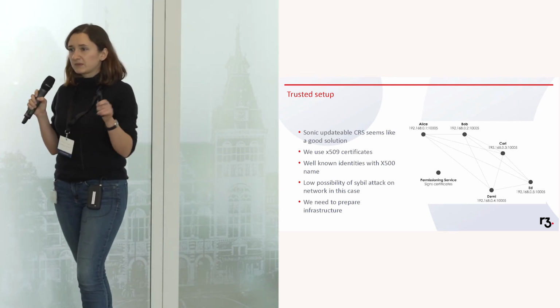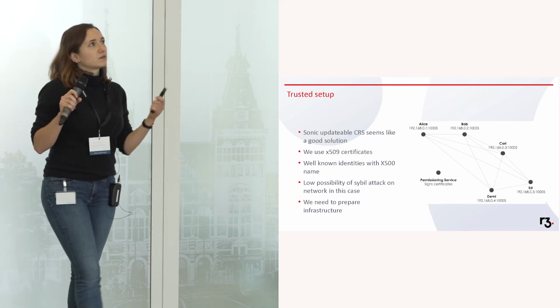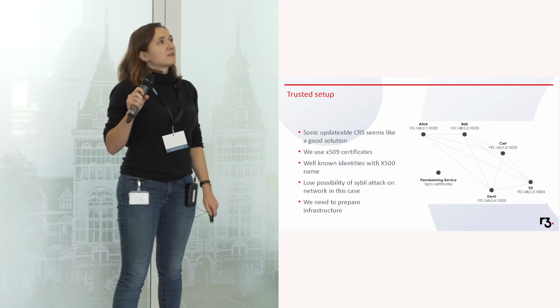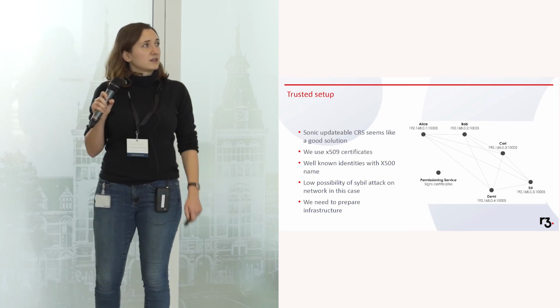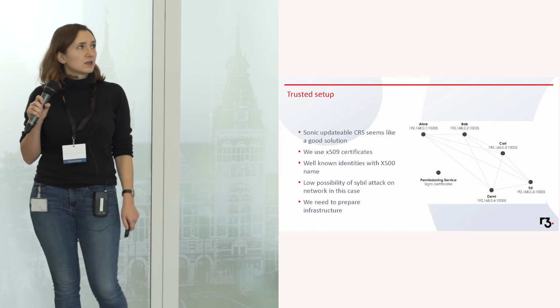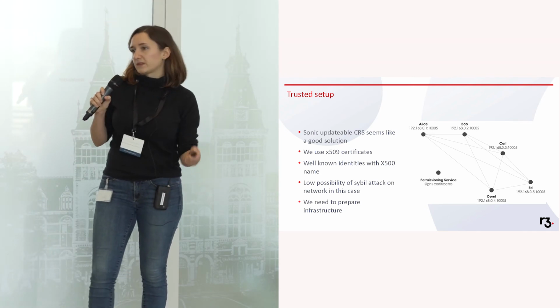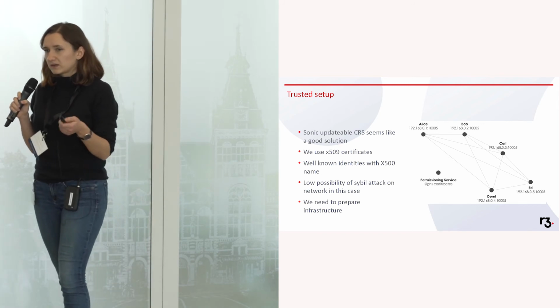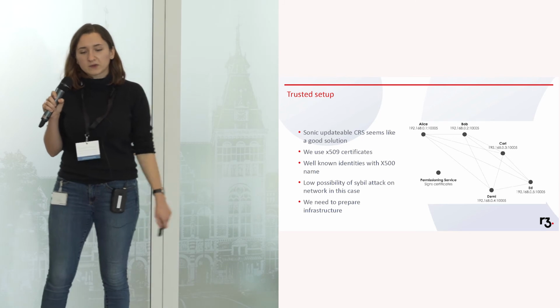We already have some infrastructure in place for that and for distributing the network map. So there's a low possibility of a Sybil attack on the network in this case. However, if we wanted to do that, we still need some guidance on how to do it correctly in terms of the infrastructure.